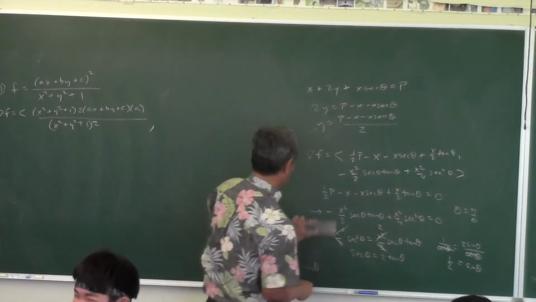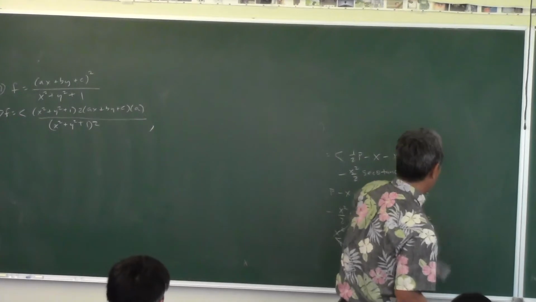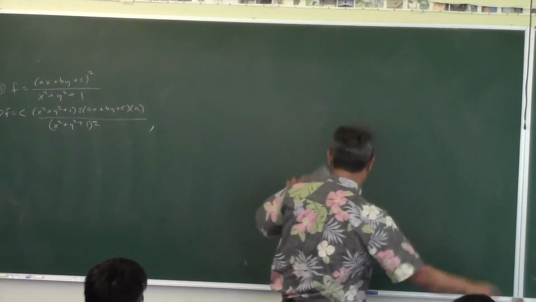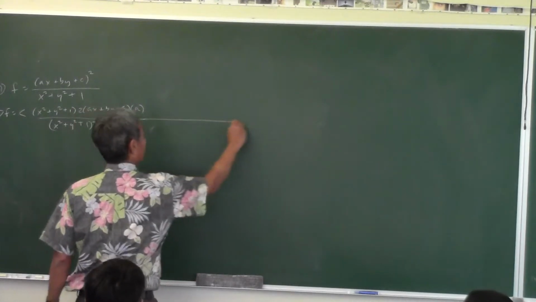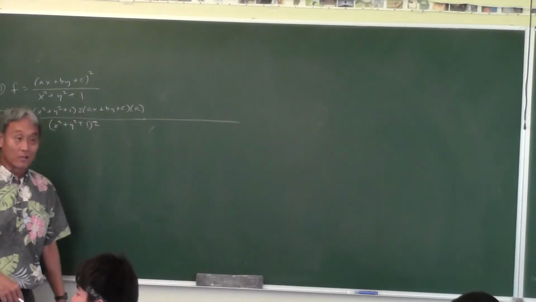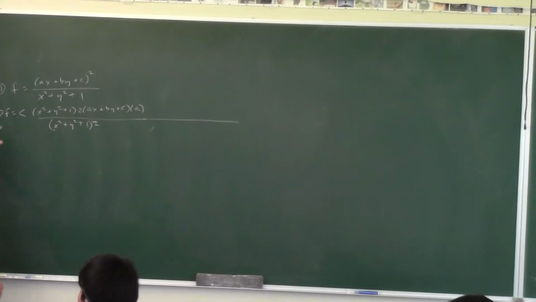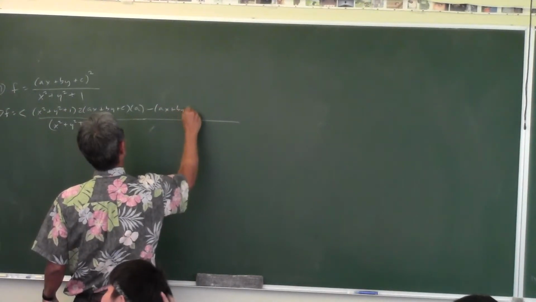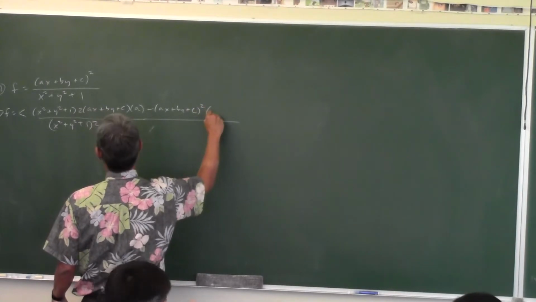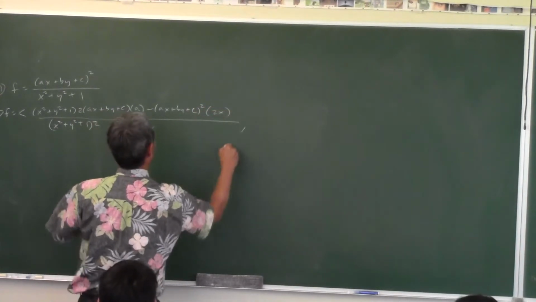I remember doing this problem, but it took the whole board. The answer comes out so clean. Low d high minus high d low, which is simply low times 2x. That's good.